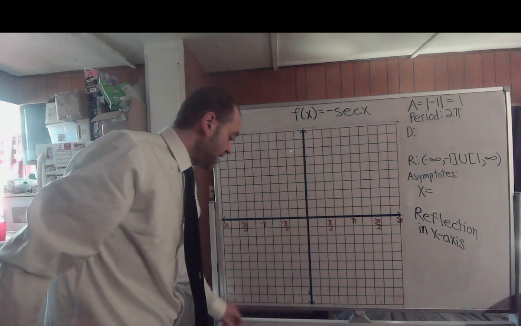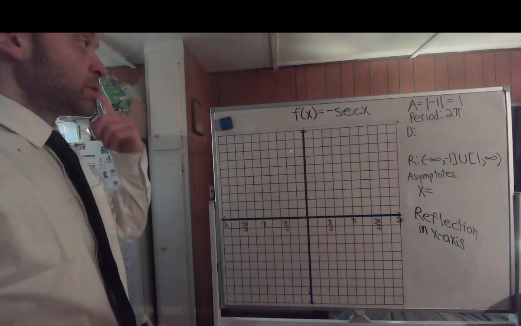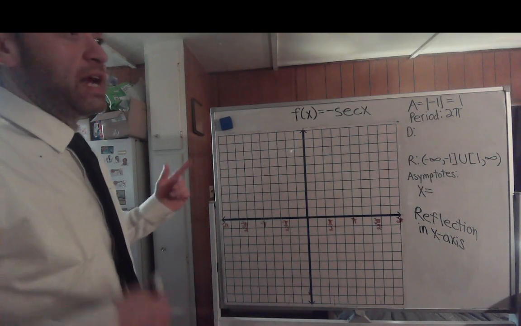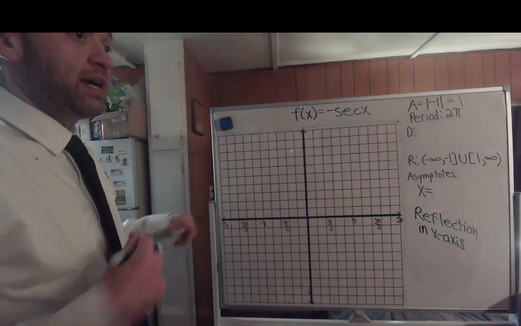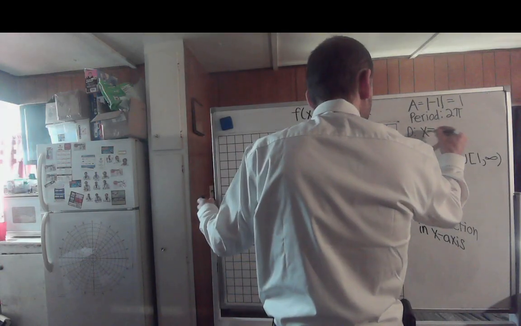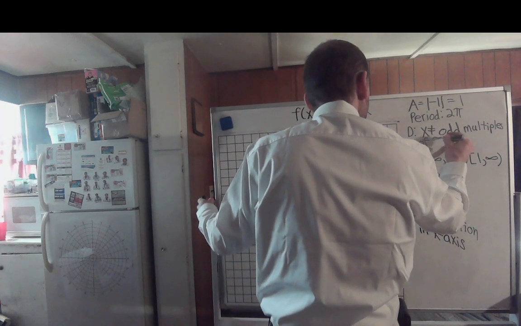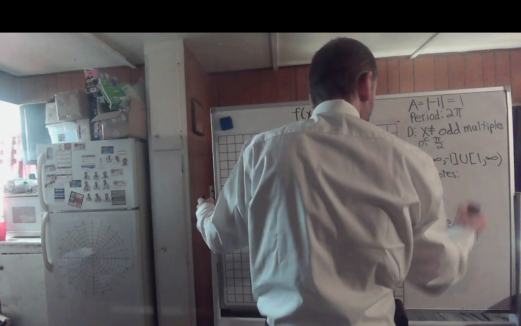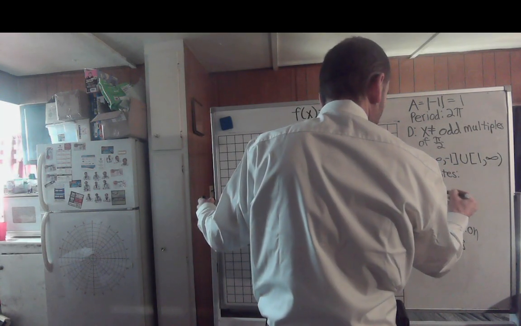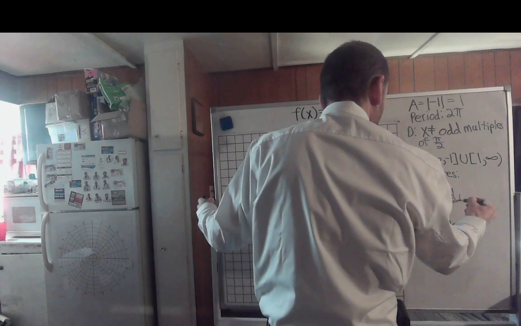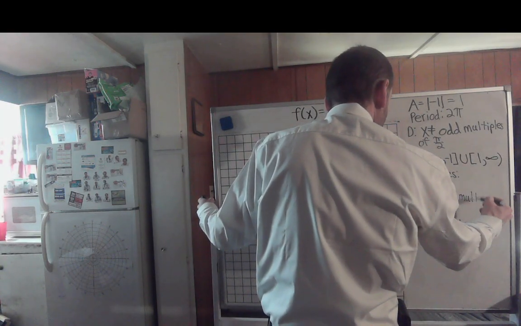Now we have to ask, where is the function undefined? In the secant, that's going to be at odd multiples of pi over 2. So x cannot equal odd multiples of pi over 2 in our domain, which means the asymptotes are at x equals odd multiples of pi over 2.